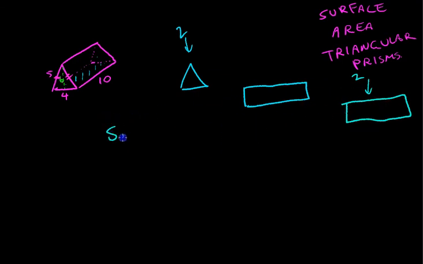So the surface area of this triangular prism is equal to 2 times the area of this. Now the area of this is a triangle, so it's base times height, which we know is 6 because it's written there in green, divided by 2. So it's going to be 2 times 6 times 4 divided by 2. So there's the surface area of our 2 triangles.